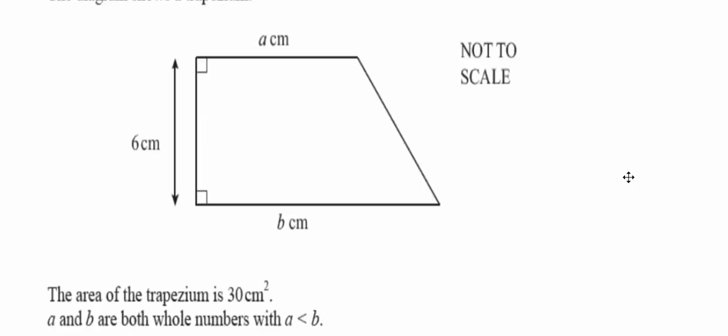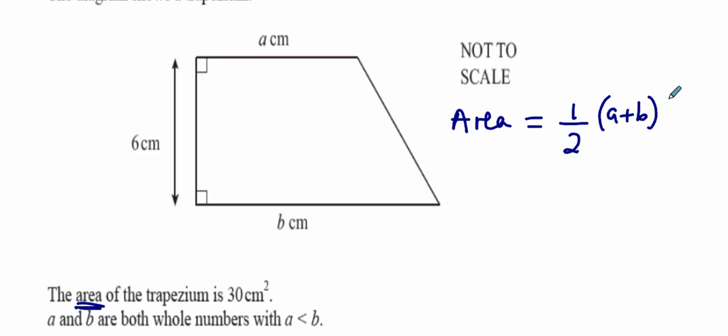We go back to the formula which says area of a trapezium equals half the sum of A and B times height.